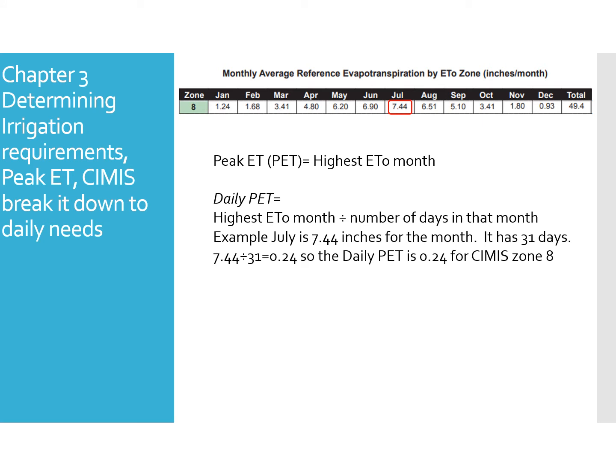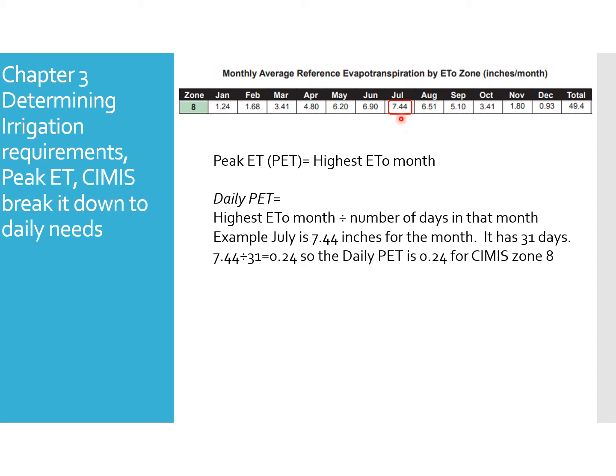Okay, so now I went ahead and took that chart, narrowed it down to just one zone, and I'm using zone 8 as an example. Zone 8's peak ET, or highest ETO month, is July at 7.44 inches. Now I'm going to show you how to break that down to your daily ETO.